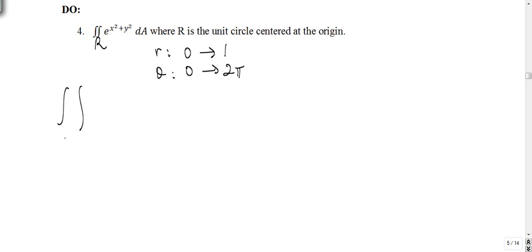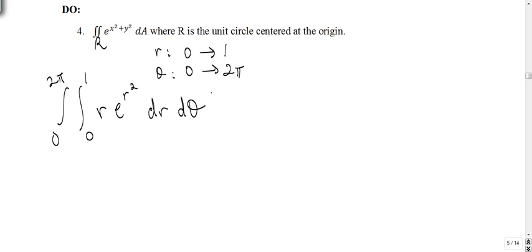So let's convert 0 to 2 pi, 0 to 1. Tell me what you have here. The integrand. e to the r squared. Can it just be e to the r squared? Times r. If you do not put the r, it's going to be wrong, the Jacobian.